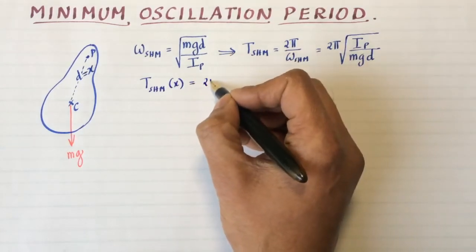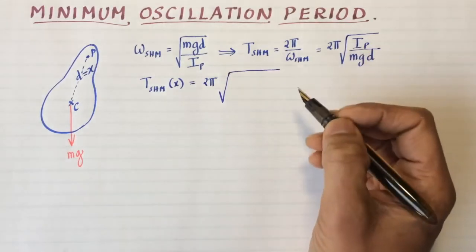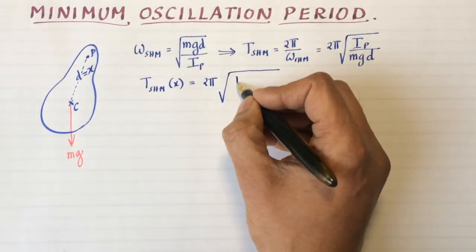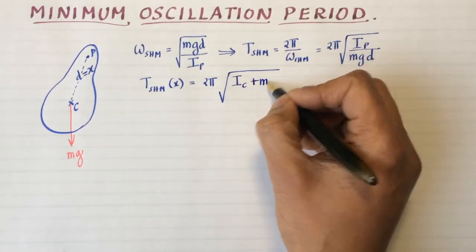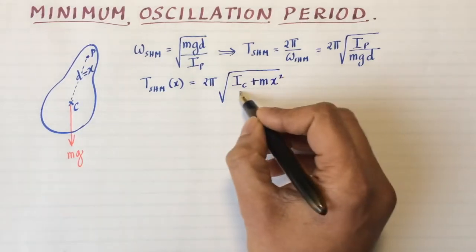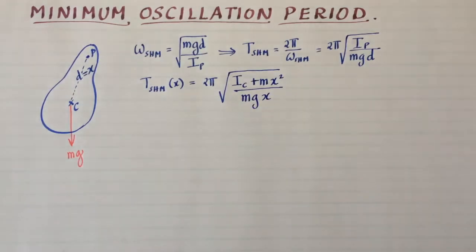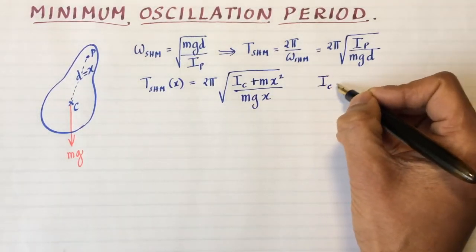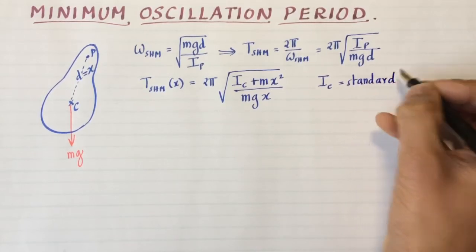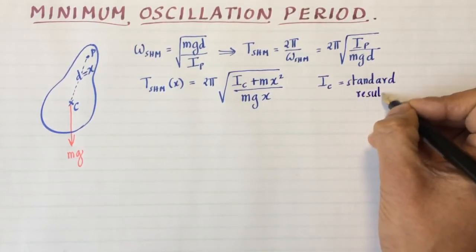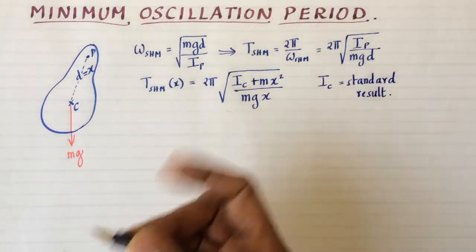It's going to be 2 pi square root of the moment of inertia about the point P. Now the moment of inertia about the point P by the parallel axis theorem is the moment of inertia about the center of mass plus m d squared, or in this case m x squared, divided by m g times x, where I sub c is whatever it is for the rigid body. It's a standard result. You can get it from a table, or you can work it out separately as a side calculation. I'll just not worry about that for this particular problem.